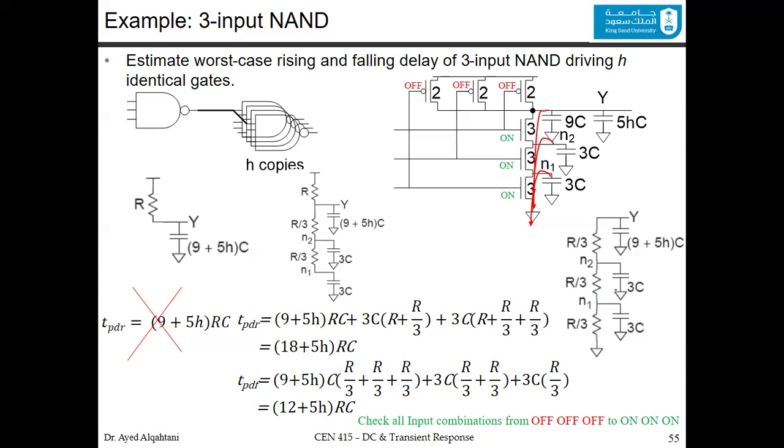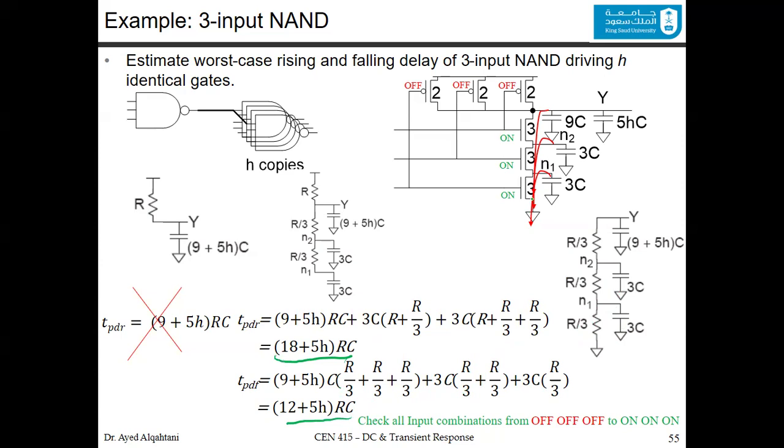Similarly, the second path over here, which is 3C times R over 3 plus R over 3. And the last one is 3C times R over 3. And you can simplify this, and you find that it's 12 plus 5H times R. Now compare the rising to the falling. These are the worst cases.